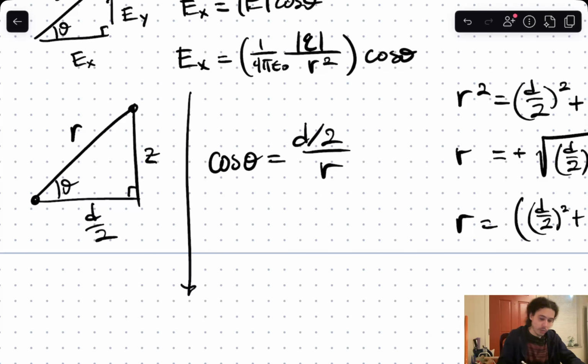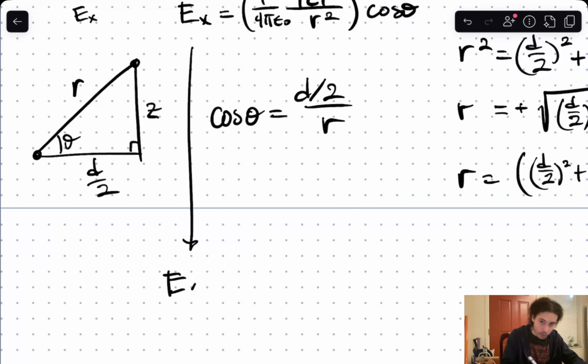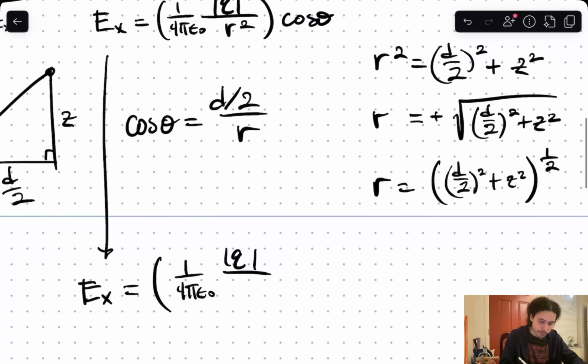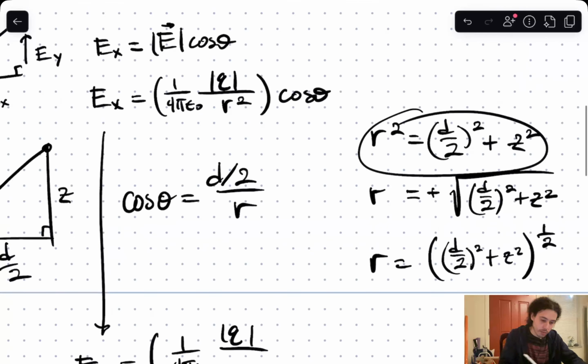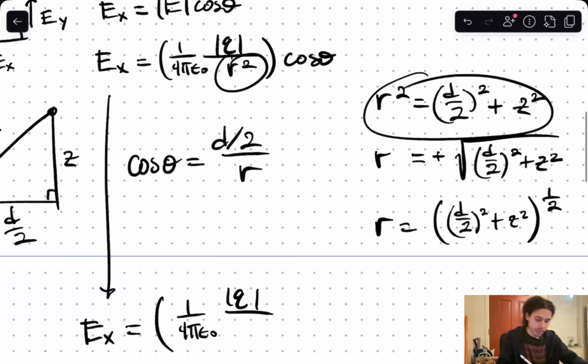Now, we bring this down. Ex is equal to 1 over 4 pi epsilon naught, magnitude of q. Again, notice those two r squares. So we can just say, bring this argument over here.